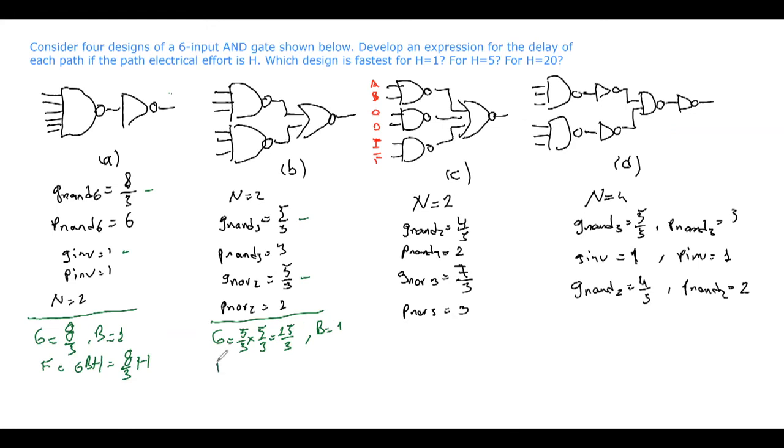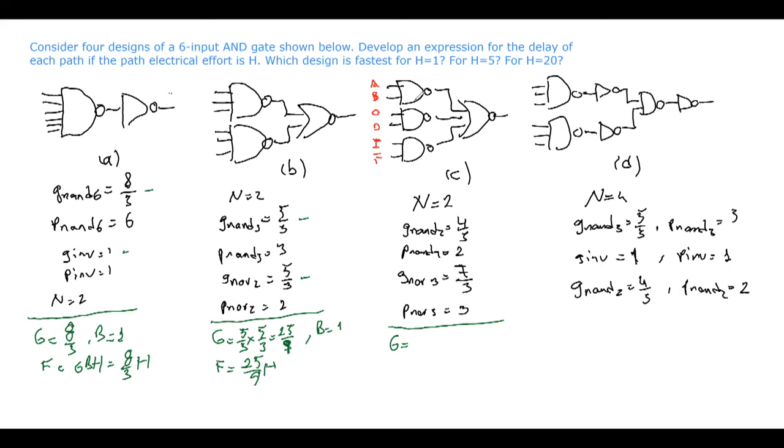So this is going to again be 1. And what is my F going to be? It's going to be 25, pardon, this is 9. 25/9 H. And similarly, we can come up with the expression for this one. G is going to be what?